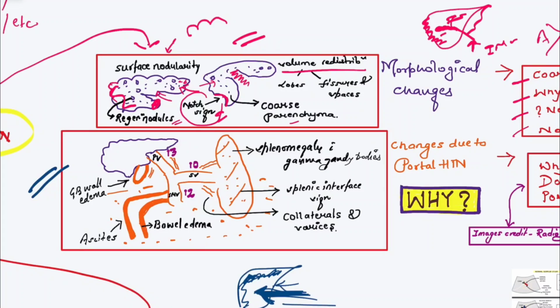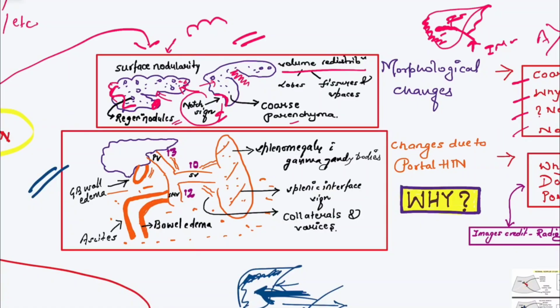Instead, it becomes hepatofugal, away from the liver. There is very high pressure and portal venous blood cannot be drained into the liver. So the flow is no more hepatopetal, but it has become hepatofugal.